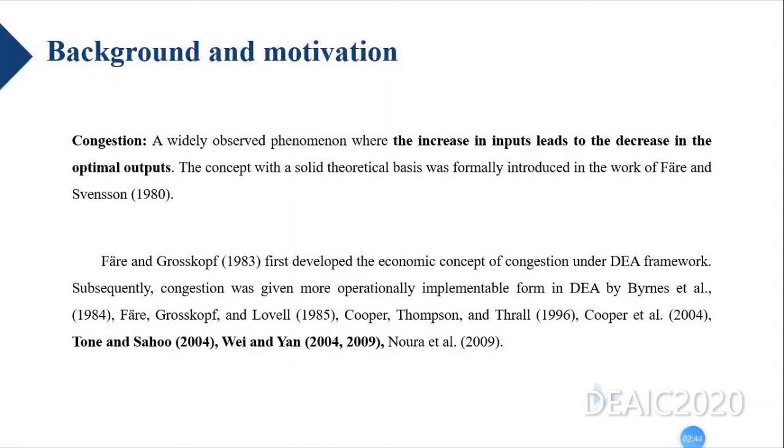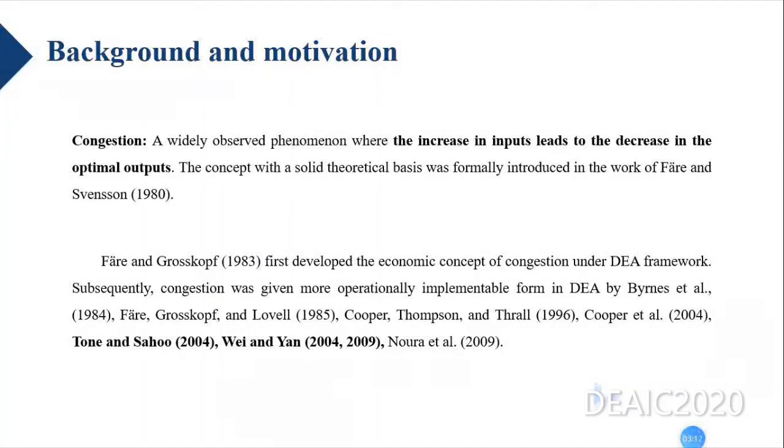The corresponding models for identifying congestion of the target DMU work by searching for a reference unit with fewer inputs and more outputs than it from a specific production possibility set. In essence, these conventional methods can be considered as concerning the left-hand congestion of the target DMU.